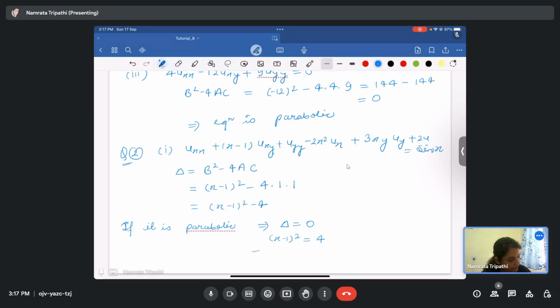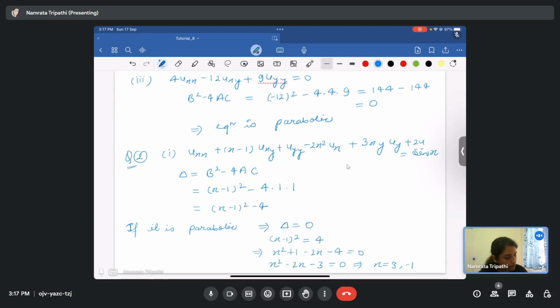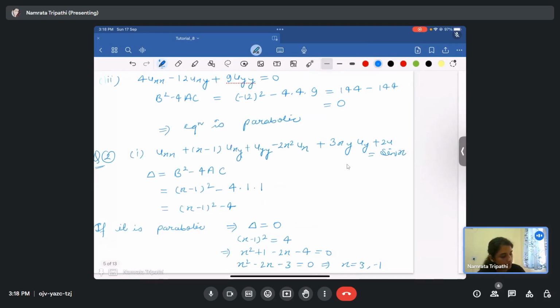From here, what are the roots? 3 and minus 1. So if the value of x is minus 1 and 3, then the equation will represent parabolic. Okay. Similarly, we have to find the condition for elliptic and hyperbolic. Okay.